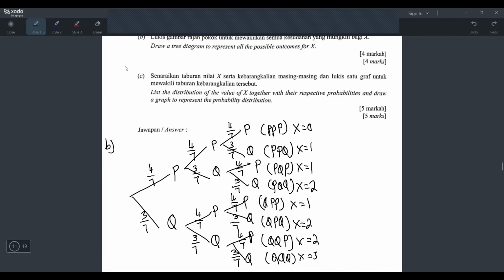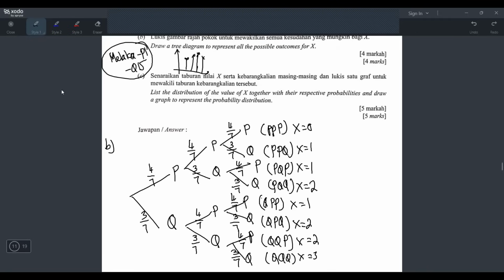I want you all to refer to that video now. If you are weak at drawing the graph, it's Malacca paper 1, the last question, question 15. Because in Malacca paper 1 question 15, the last question, they also asked us to draw the probability distribution graph. The distribution graph will look like this, right? It will be a discrete one. It's not continuous, so everything is separated like this one. That's how the graph looks.